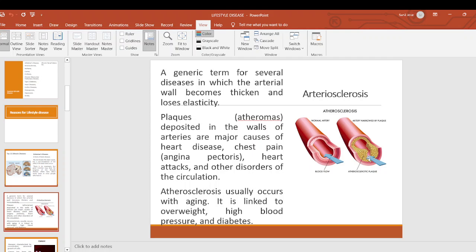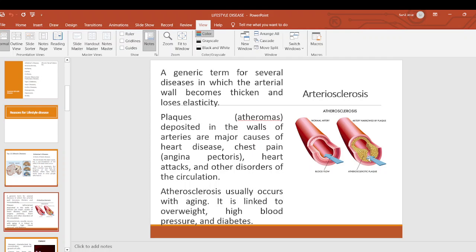Cholesterol is a kind of fat. So when too much cholesterol is present in the blood, some of the cholesterol will be deposited on the inner wall of the artery, and that will be reducing the diameter of the artery, or the opening of the artery. That means very little blood can pass through that blood vessel.